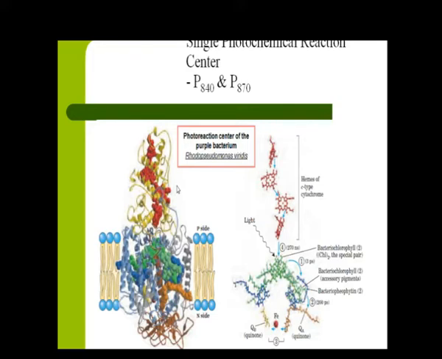P stands for pigment. The numbers stand for nanometers, the wavelength of the light at which it will absorb maximum. So they have wavelengths 840 and 870.